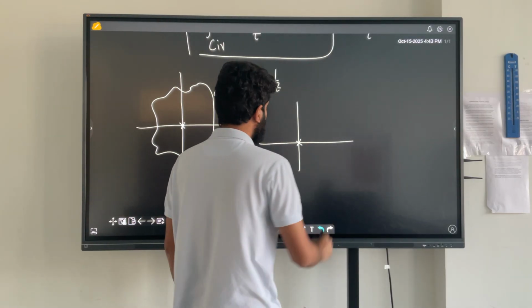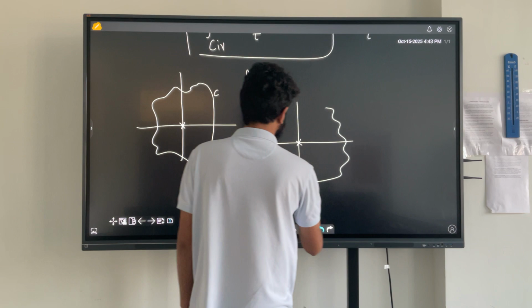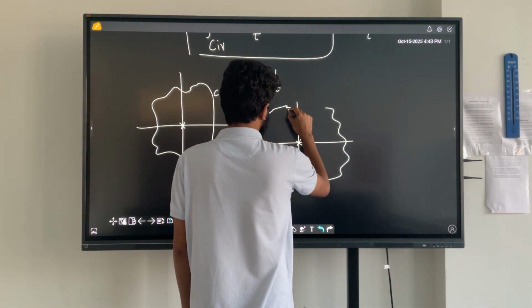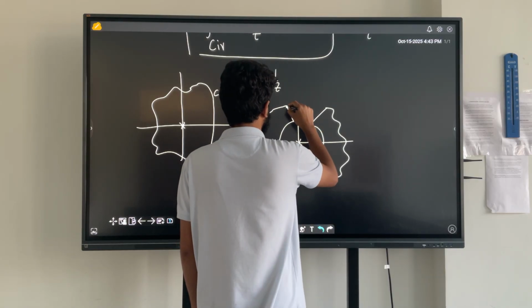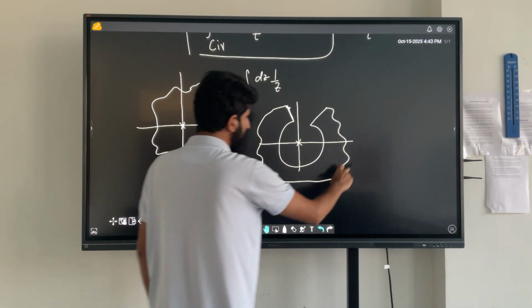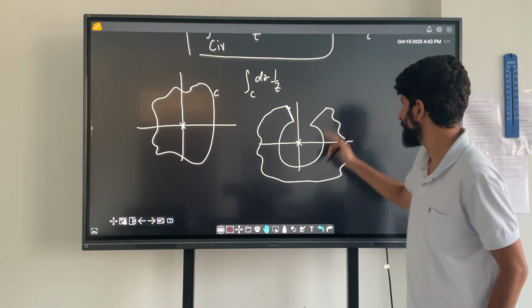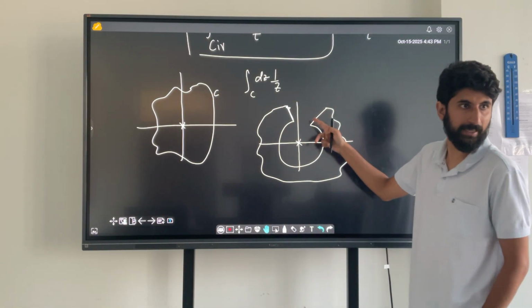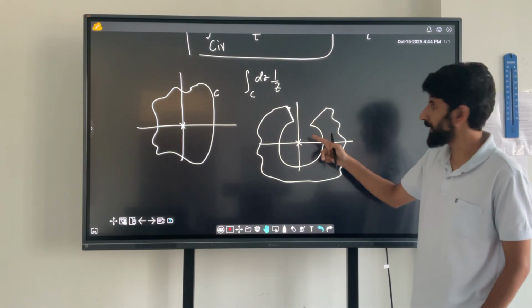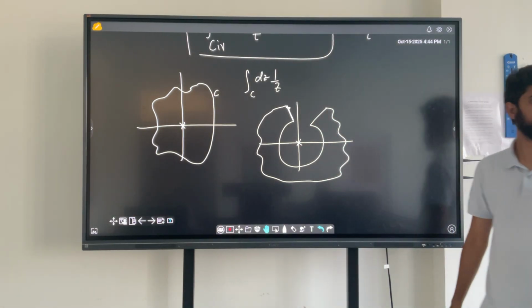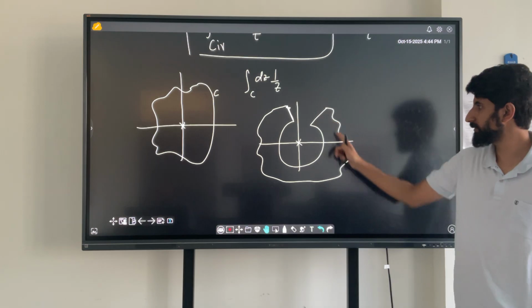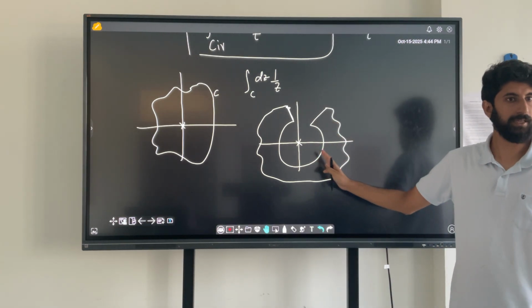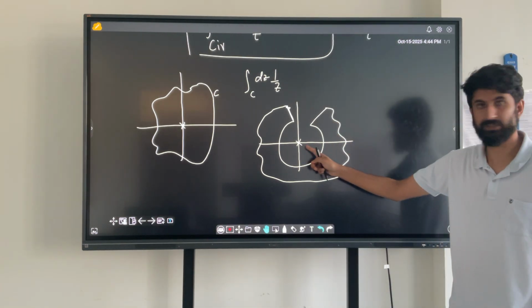If I consider a loop like this, so this is some weird curve, but then there are two perfectly straight lines, and then there is a perfect circle. What would be the integral? 0. Why? Because the function is analytic everywhere inside, and the non-analytic point is outside.